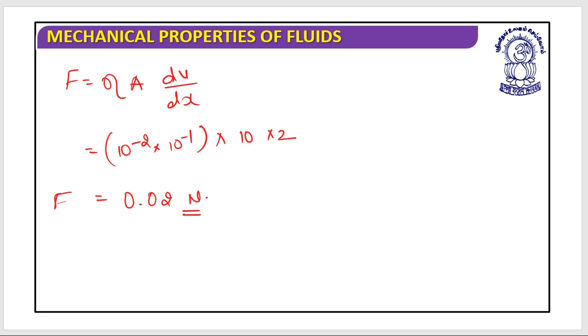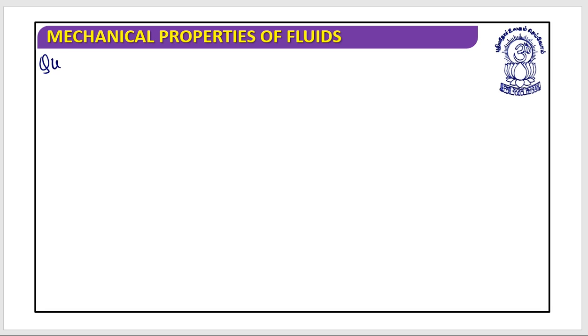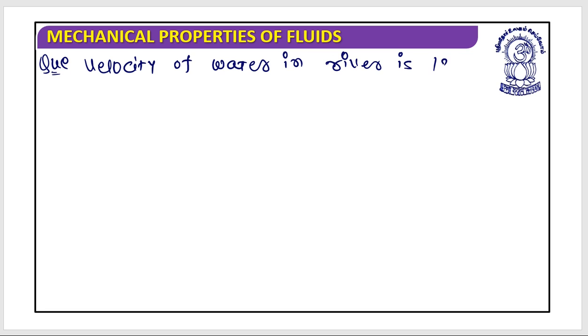Let's have a look. Suppose the question says that the velocity of water in a river is 18 kilometer per hour at the surface.